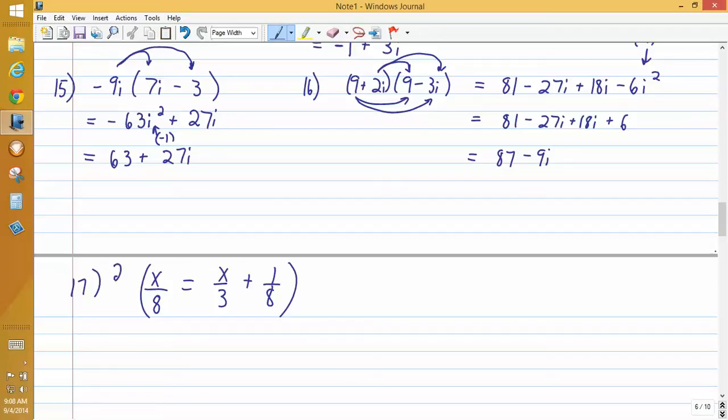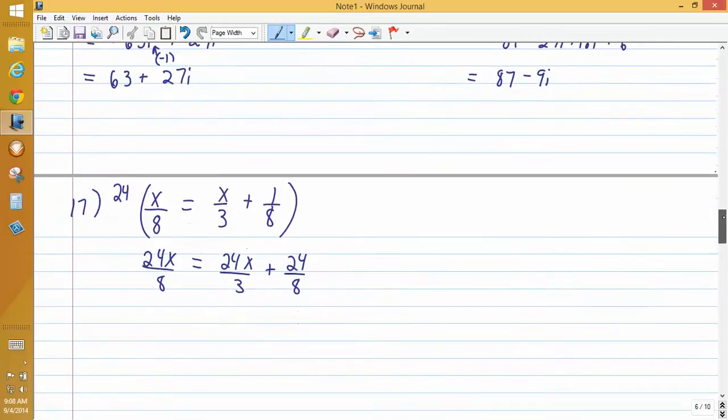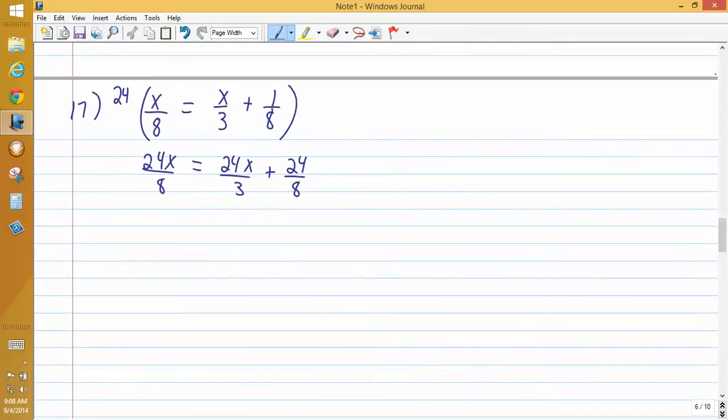So that would be 24. Multiply 24 times each term. So that's 24x over 8 equals 24x over 3 plus 24 over 8. Now all the denominators should cancel out here. If they don't, I did something wrong.